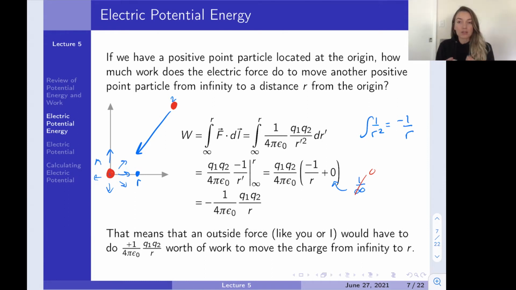And you can think of it because two positive charges don't want to be near each other, right? They want to repel each other. So if I want to bring two charges that are trying to repel each other close together, I'm definitely going to have to do positive work. I have to put energy into that system because they don't want to be near each other. They want to repel. So I'm going to have to do positive work to bring those two charges close together.